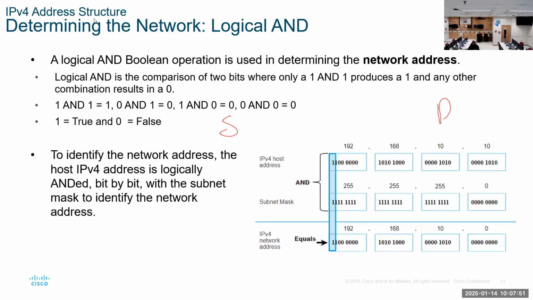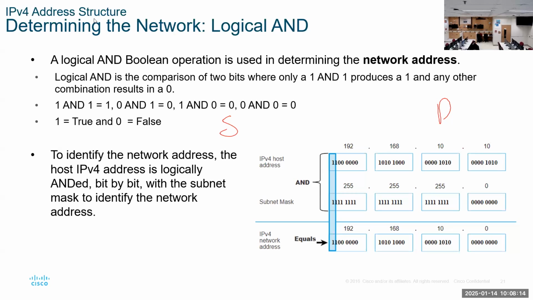How can you tell? You figure out the network portion. If they have the same network portion, they are on the same network. If not, you send it to the default gateway. That's all, and the default gateway will handle it after that. Make sense?